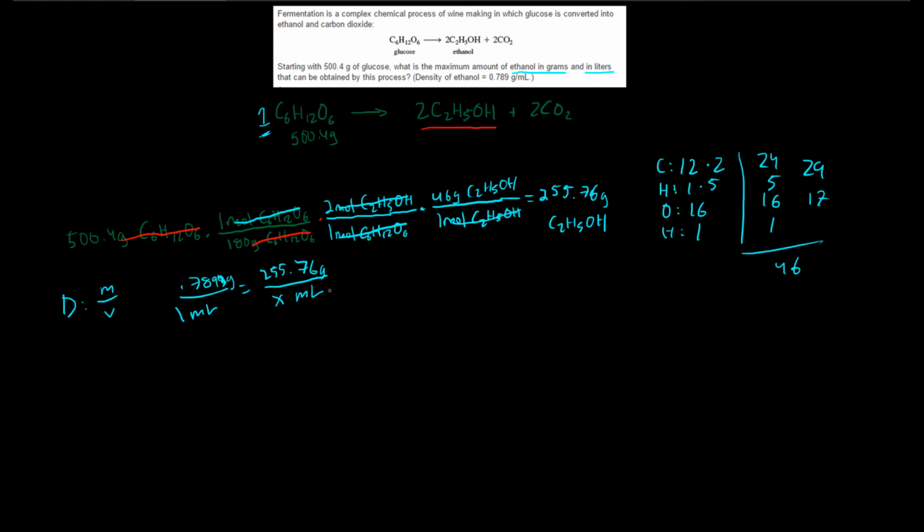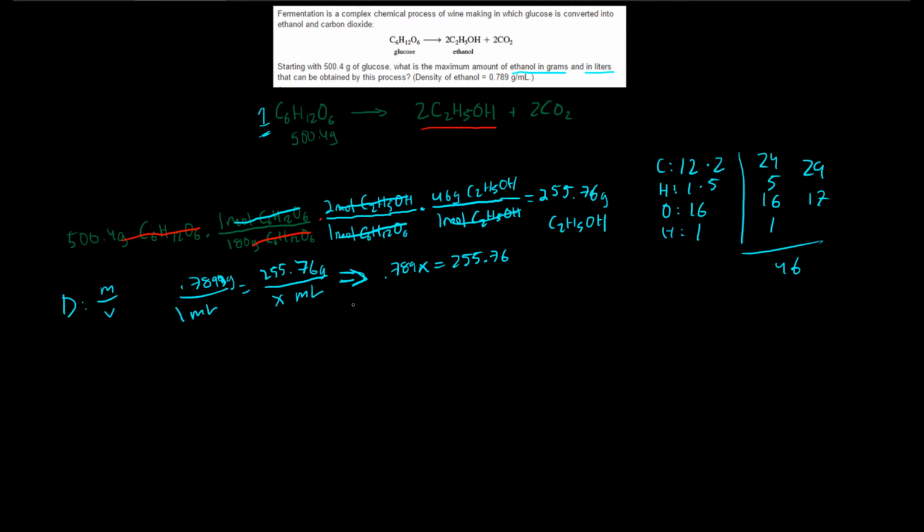And so the way to figure this out is to just multiply top and bottom across. And so what you find is that, therefore, by the way, this is what I normally use to indicate therefore, 0.789 X is equal to 255.76.